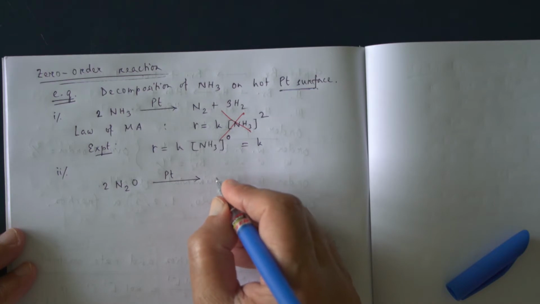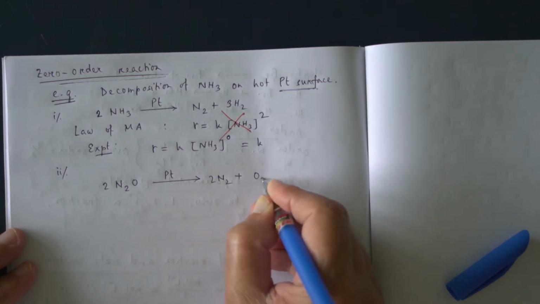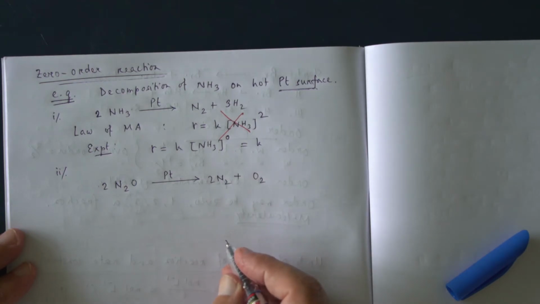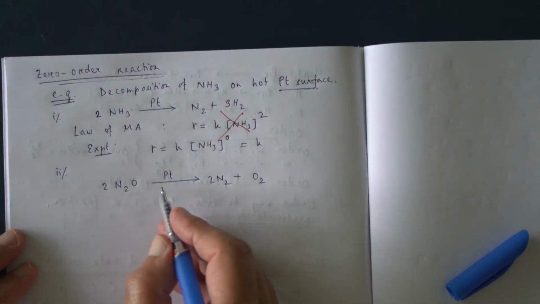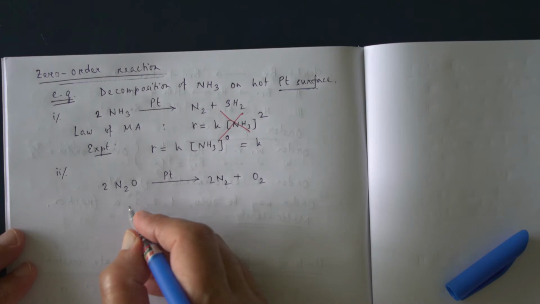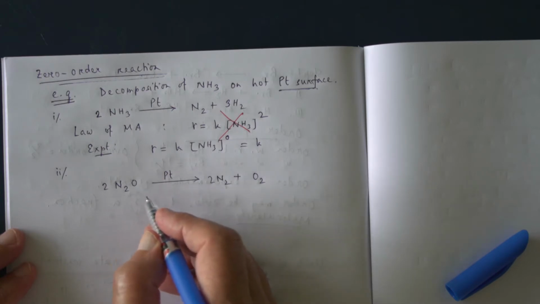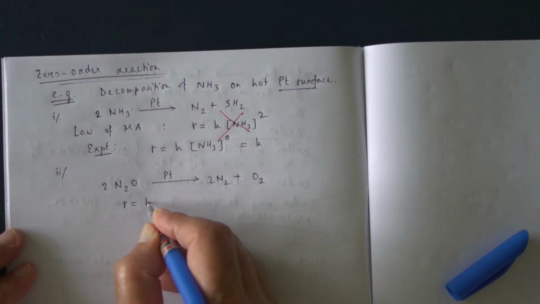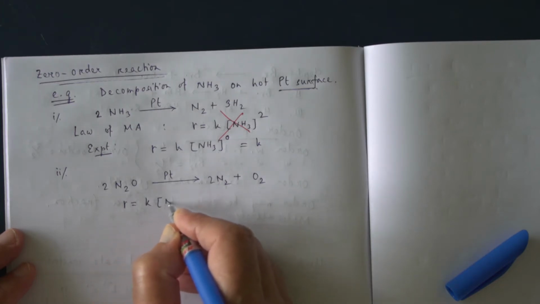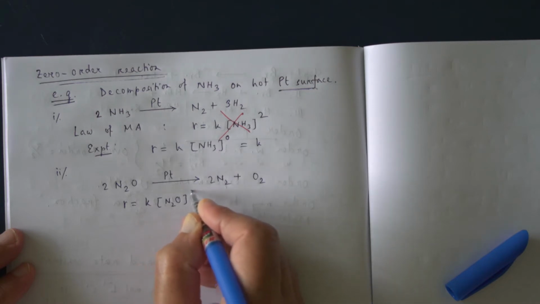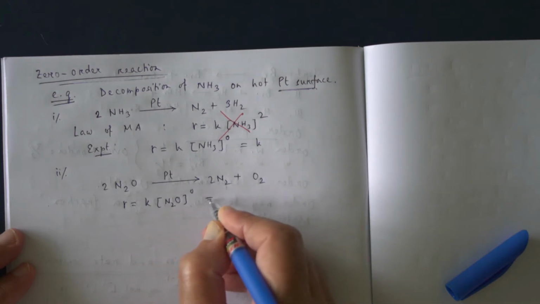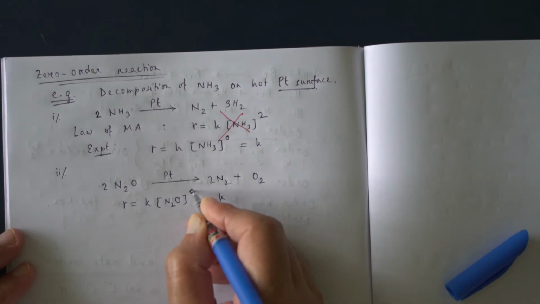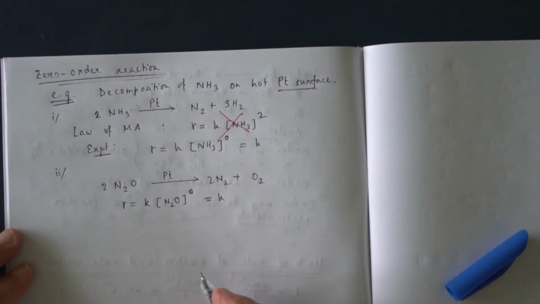And the reaction is 2N2O giving 2N2 plus O2. Once again this reaction is of order 0. R will be equal to K into N2O to the power 0, that means K. Zero order reaction.